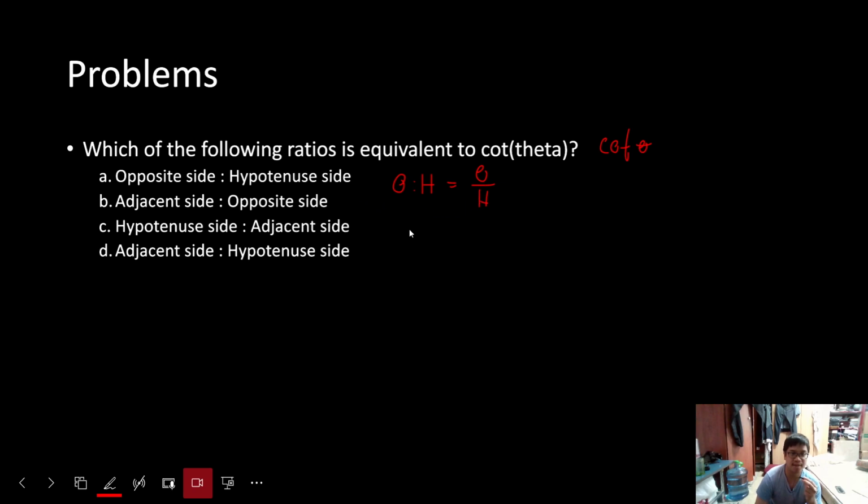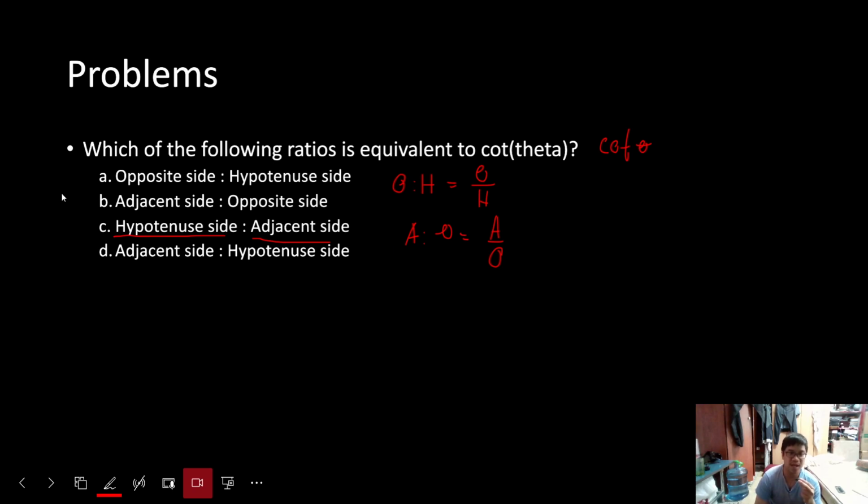Adjacent side is to opposite side is just the same as A all over O. Alright? So basically, what's on the left, that's the numerator of the fraction, and what's on the right, that's the denominator of the fraction. Right? So I hope you get the idea on how I convert this ratio into a fraction.